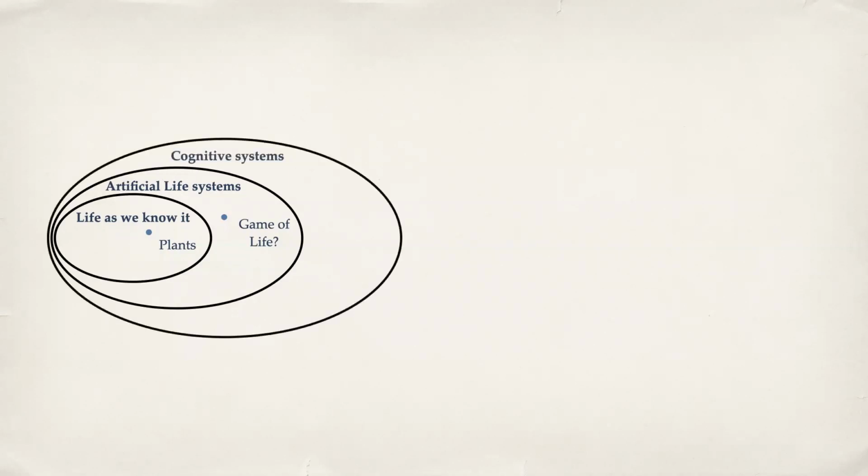Here, I will start with some very strong assumption. And I expect some disagreement, and it would be fine to disagree. I'm saying that cognitive systems are a superclass of living systems. So what do I mean by that? I mean that every living system to me is cognitive, but there are cognitive systems that don't need to be living systems. And you might want to disagree, and that's great.